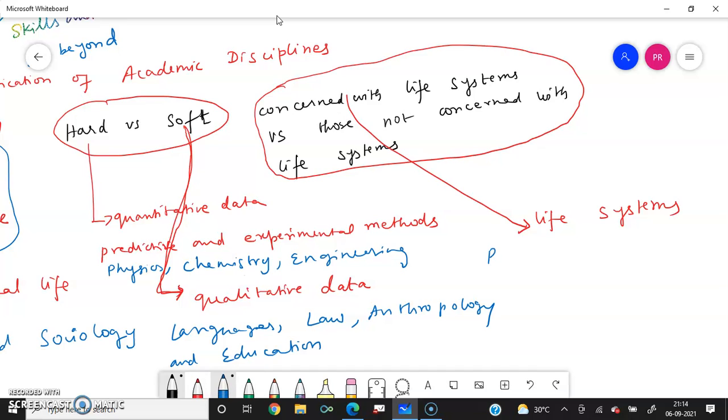Physics, mathematics, geology deal with inanimate objects and are classified into another category. If you talk about inanimate objects, it is not concerned with the life system.